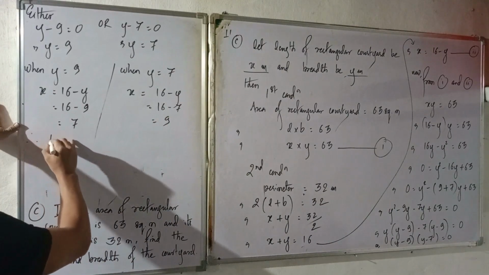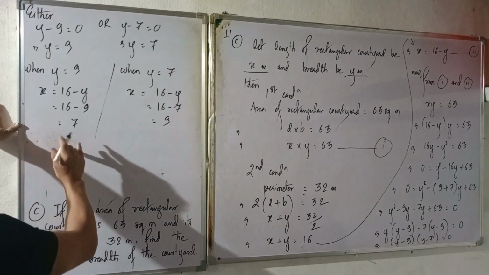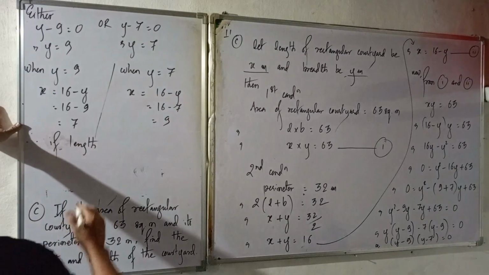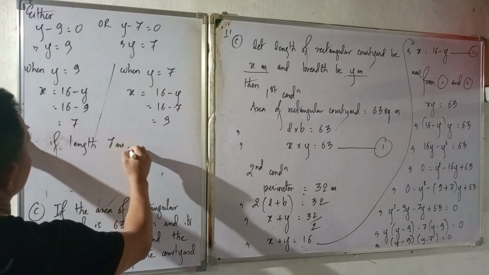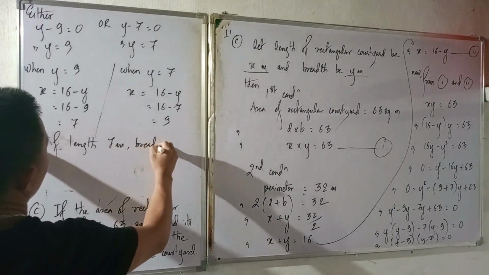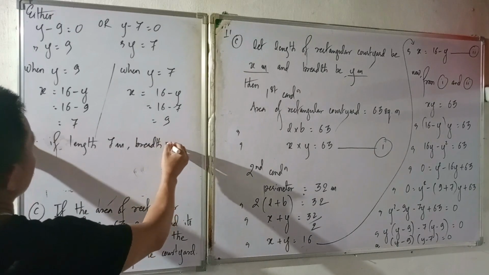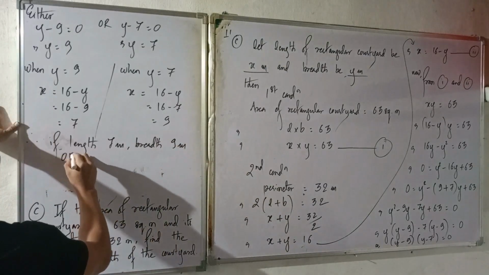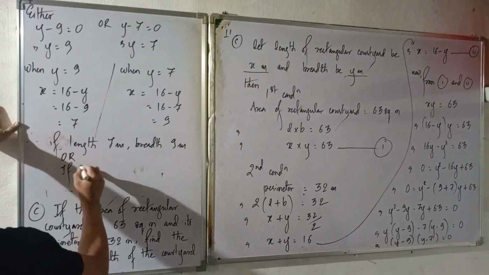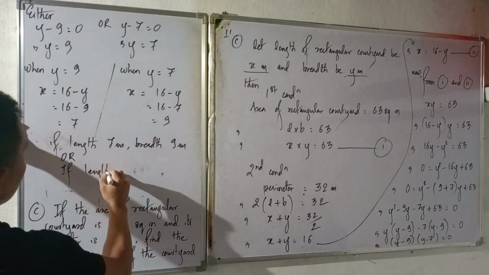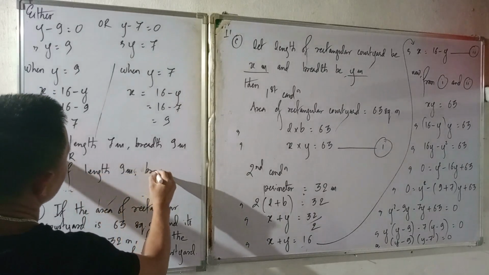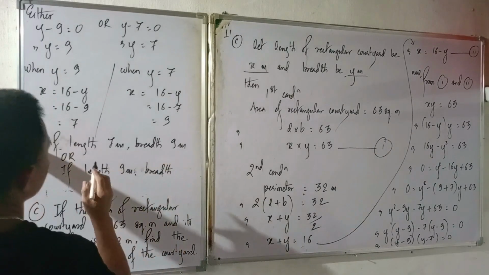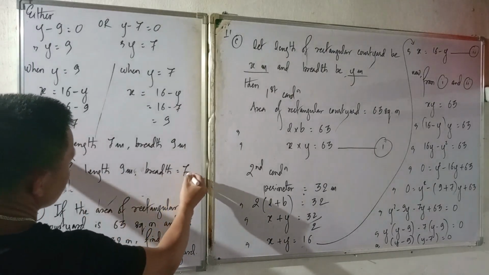Therefore, if I consider the length 7 meter, then the breadth will be 9 meter, or if I consider the length 9 meter, then the breadth will be 7 meter.